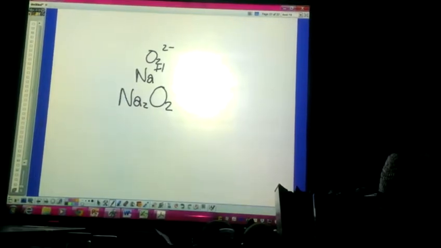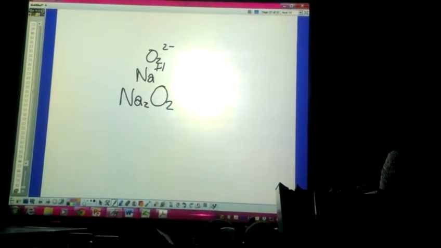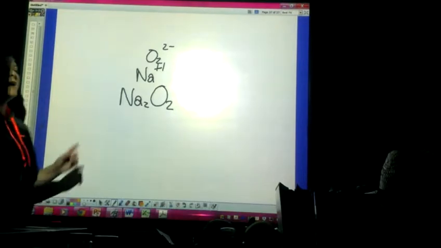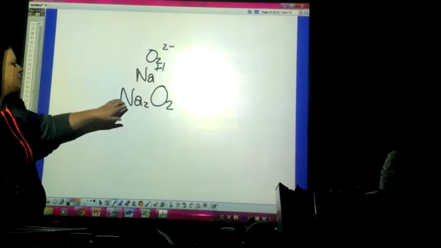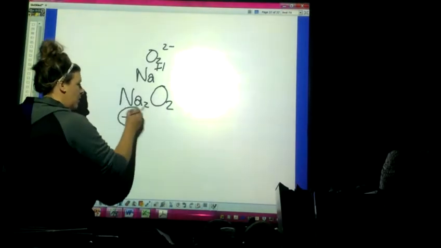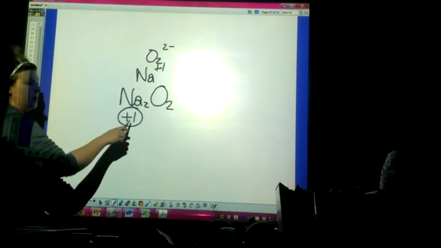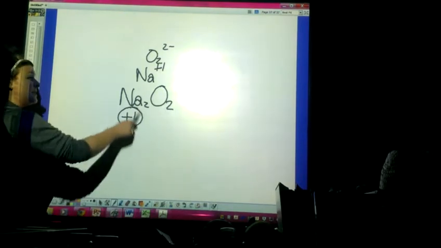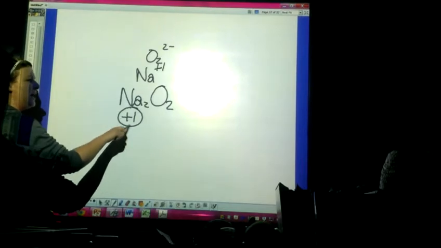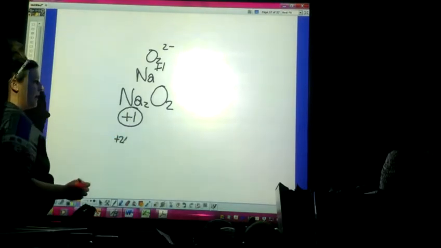I can also look to find the oxidation number now of peroxide. So if I look at this, we just said that all alkali metals have a +1 charge. So sodium always has a +1 oxidation state, always, okay? Well, I have 2 of them, so even though the oxidation state for sodium is a +1, it's like it's carrying a +2 charge here, okay?